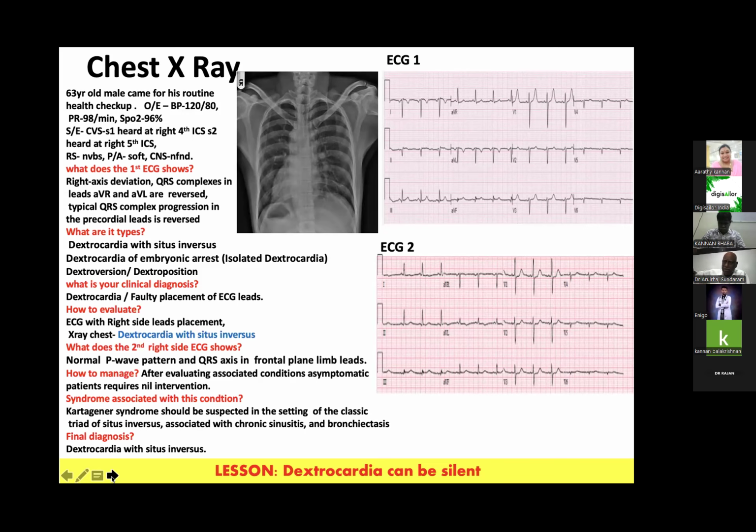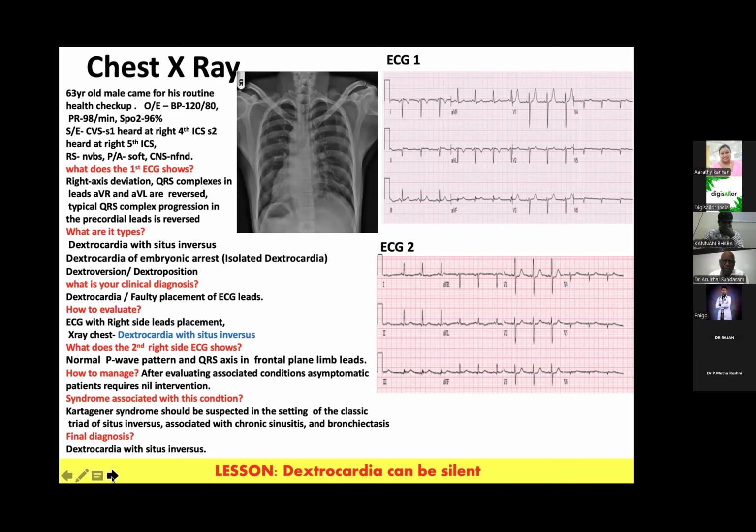Normally R wave amplitude must go up, it is coming down. You can make a very quick diagnosis, it is a dextrocardia. Whether it is a dextroversion or pseudo-dextrocardia or a technical dextrocardia, you will have to differentiate. The ECG itself will be able to show that only lead 1 and aVR are showing it and chest leads are normal. It's technical dextrocardia. The technician has placed the leads wrongly.